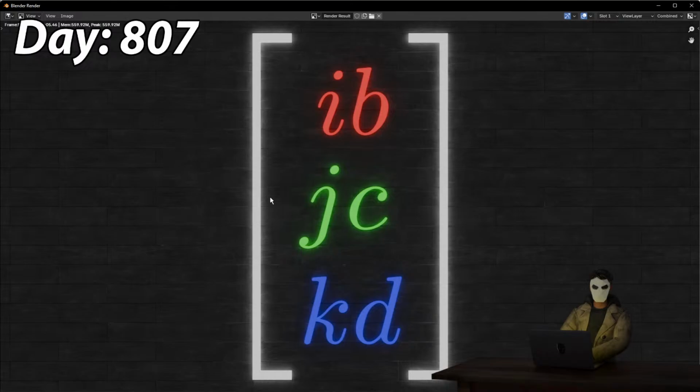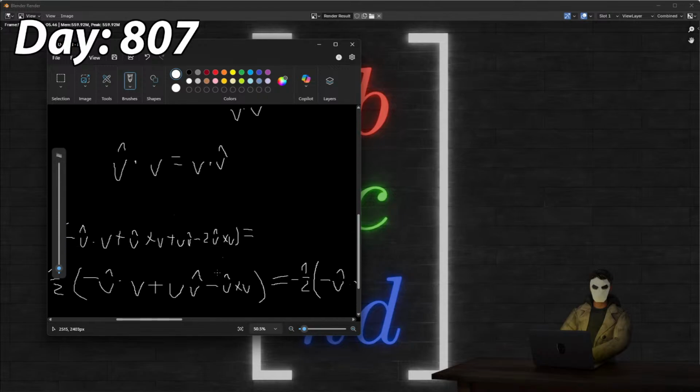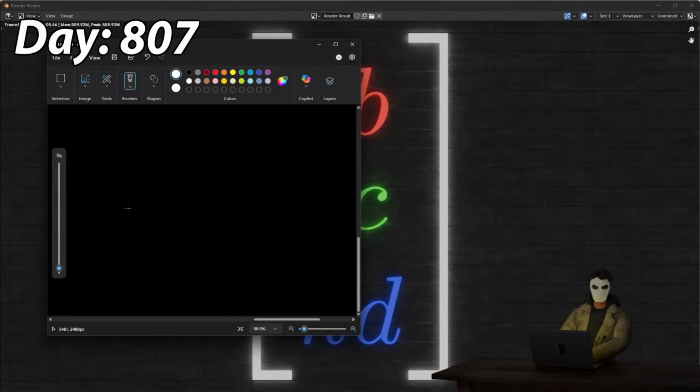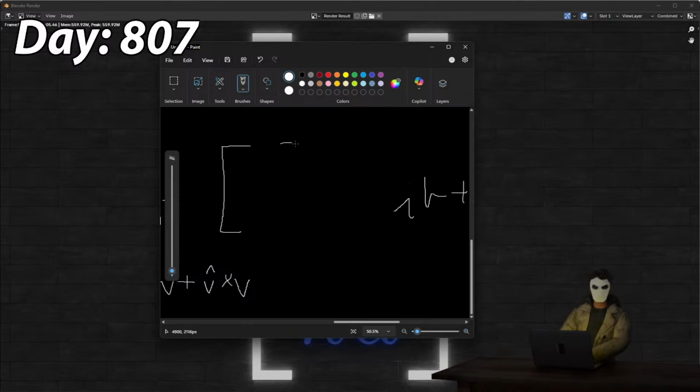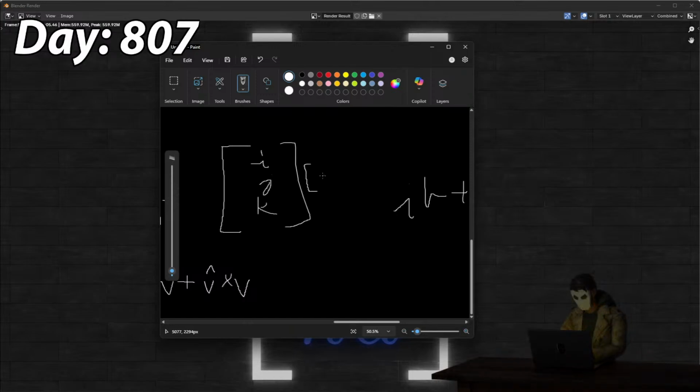T transpose. Oh, sideways. Right. Wait, should it really be? I guess I get your argument, because then you get IB plus JC plus KD. Right, with the IJK, BCD.